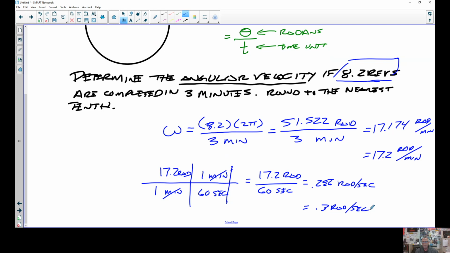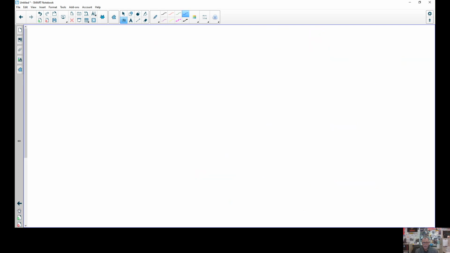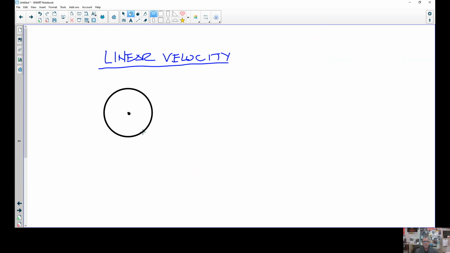All right, the last step we have to take is we go from angular velocity to linear velocity. When we move to linear velocity, if you notice, everything is built on one another. It's the same idea. So again, I'm going to get my circle.